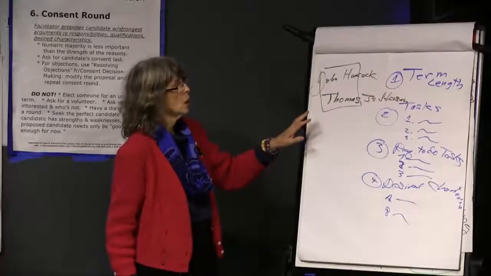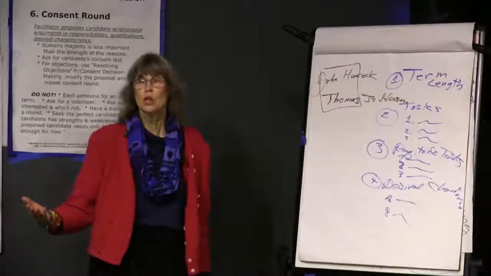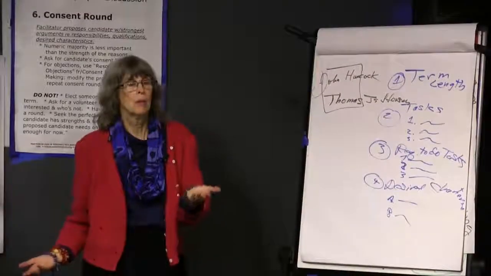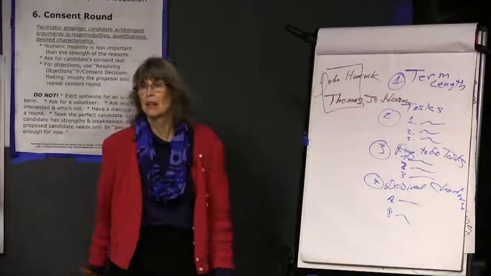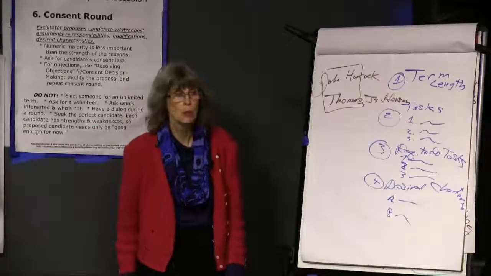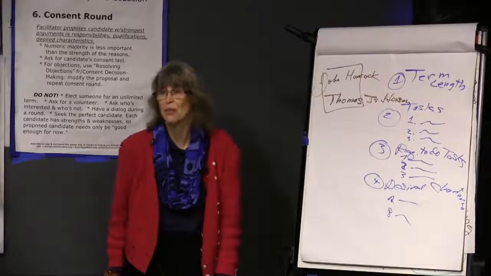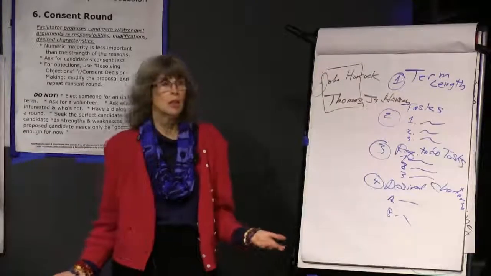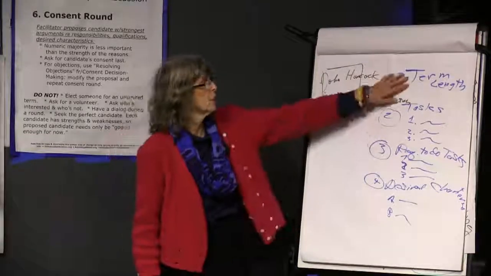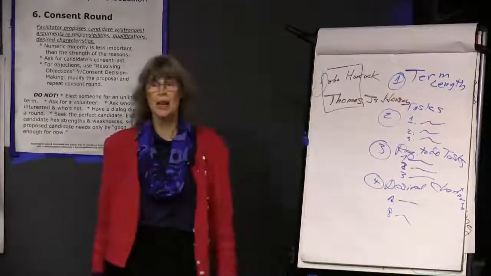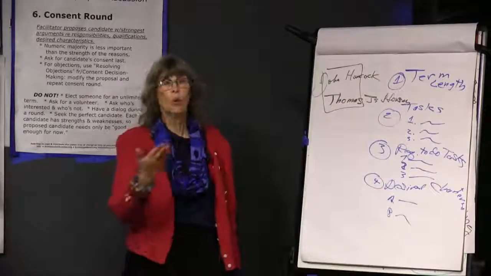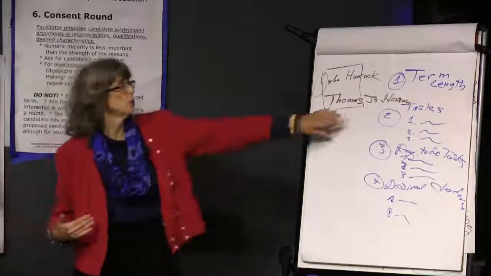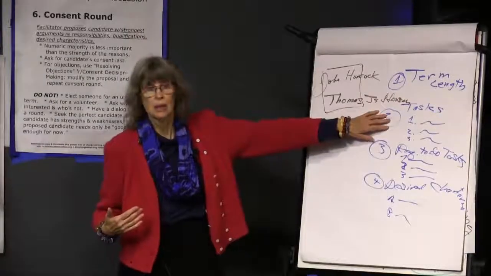Okay, so let's say that each person in our circle nominated Lydia or nominated Alex. Let's say we're a small circle, right? We're a functional circle. There's not that many of us in here. And it's very, very clear. Now let's say that either Lydia or Alex could absolutely do these tasks, and we know it.